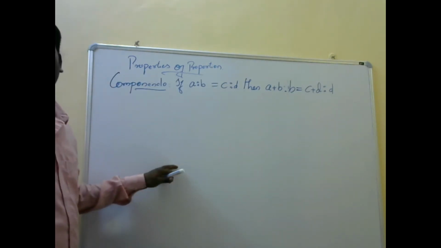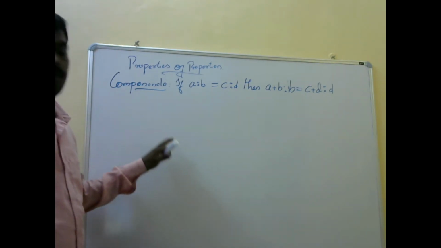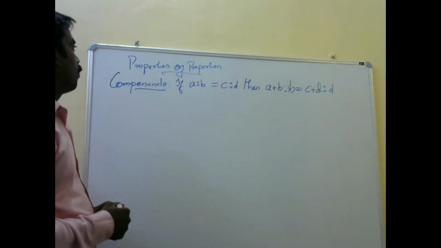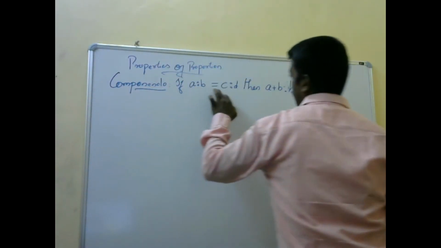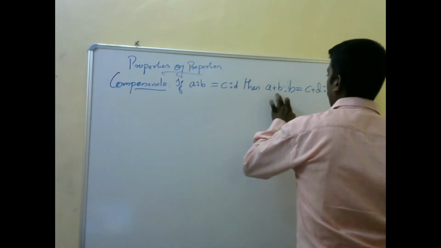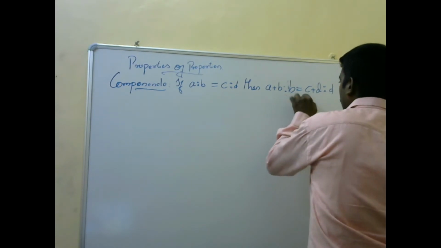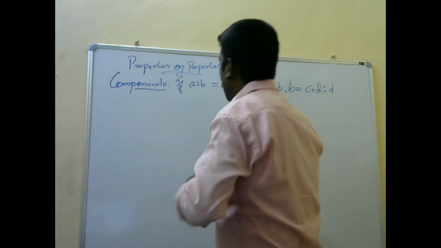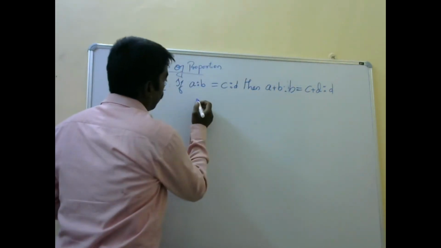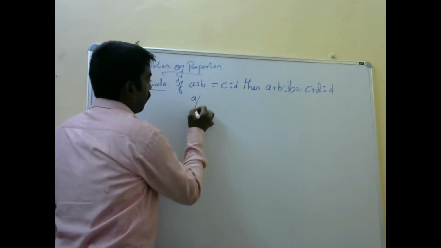The fourth property is componendo property. What they ask: if A is to B is equal to C is to D, then A plus B is to B is equal to C plus D is to D. What will you write? A by B. How will you write A is to B?